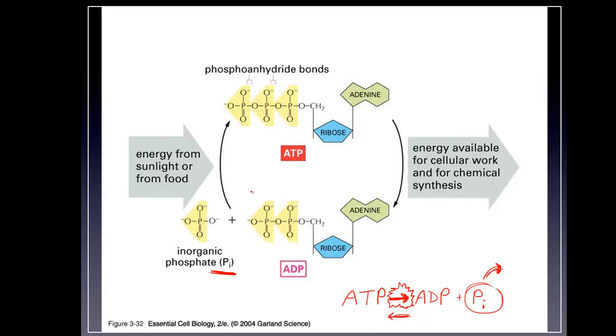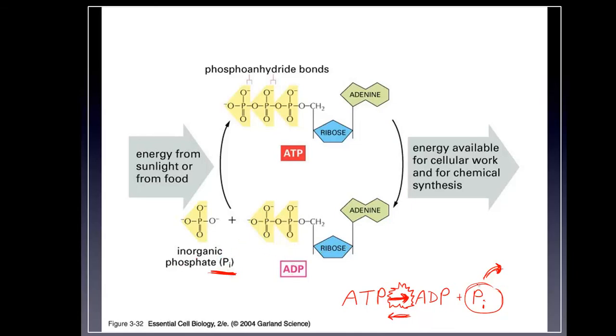Okay, so when we say ATP is being produced, we're basically attaching one of these phosphates back onto the ADP. Okay, so here's ATP, and then when your body requires energy, it breaks down again into ADP and inorganic phosphate.